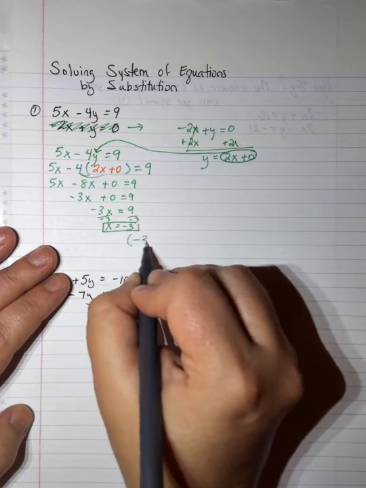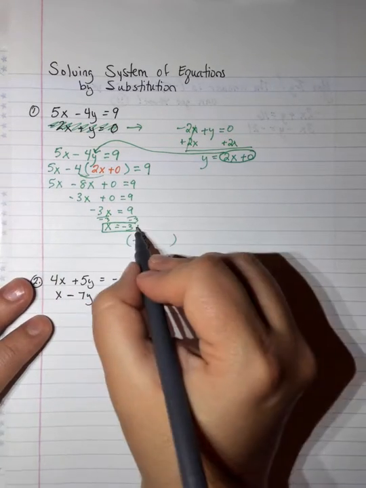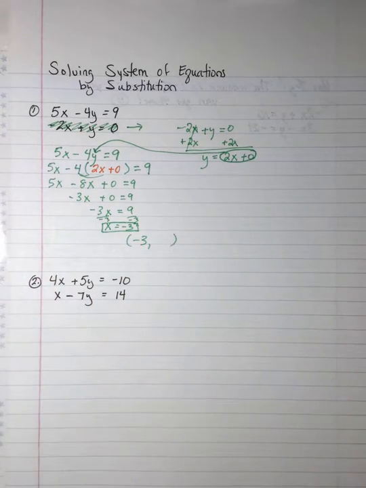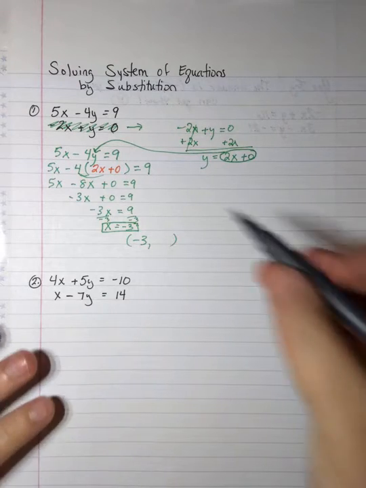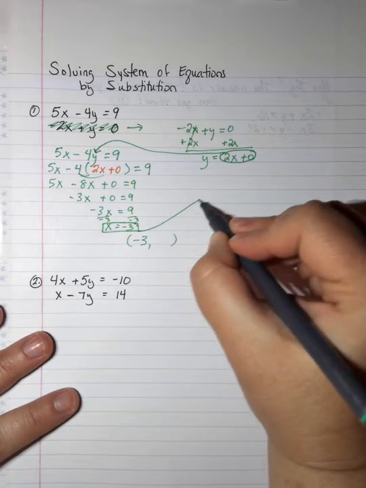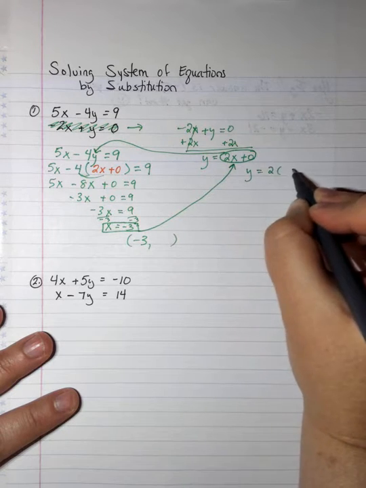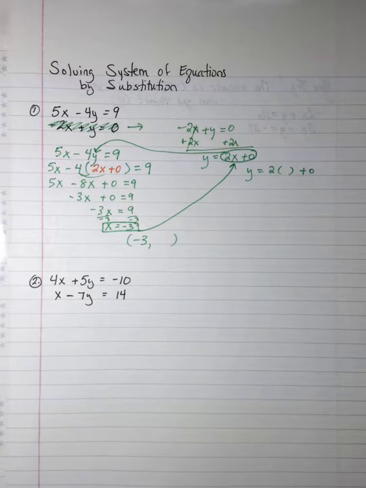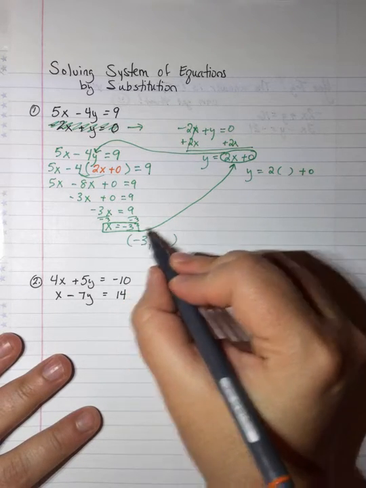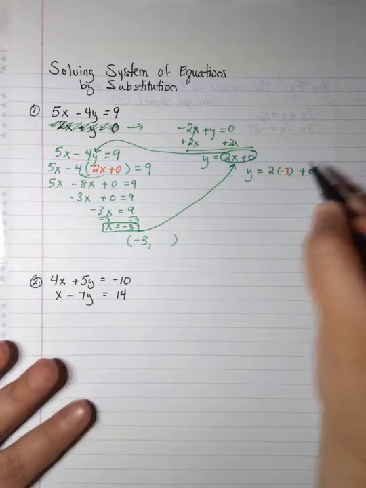So I have half of my answer already. I have the x value. How do you find the y value? You do the exact same thing. You take that x value you just got and plug it back in over here in place of the x. So I have 2 parentheses and then plus 0. Inside your parentheses you said x was a negative 3.